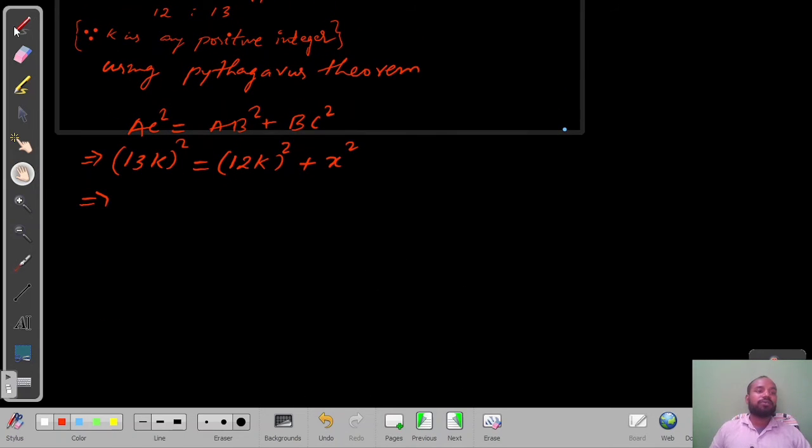So now we are going to solve this. 13 square is nothing but 169, so 169k square equals, you can keep your k also. Okay. So k is any positive integer. 12 square is 144, so 144k square plus x square k square.